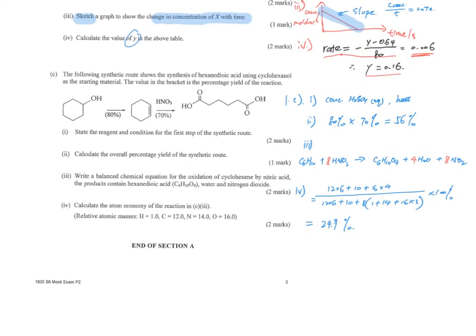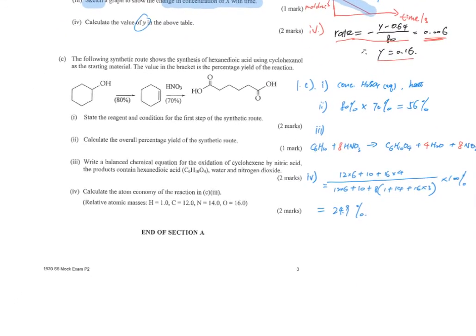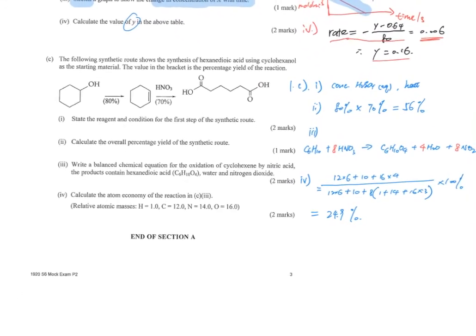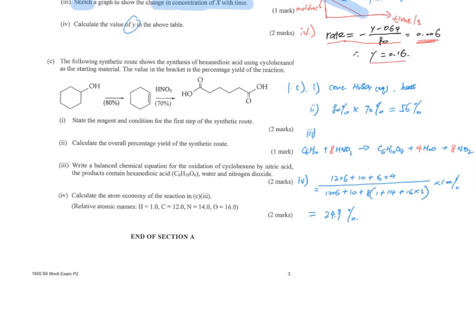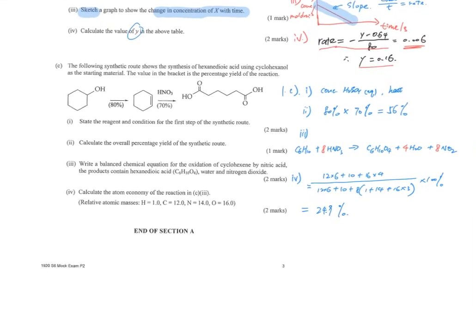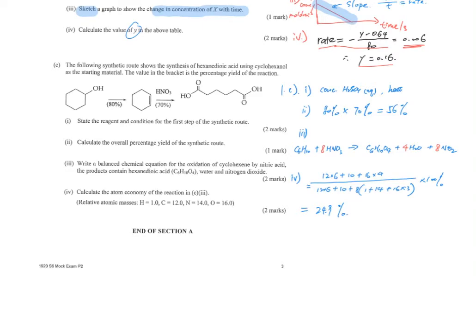And for part C, it's related to green chemistry. Okay, let's see. This is a synthetic route for hexanedioic acid using cyclohexanol as starting material. It's very unfamiliar, but the equation is given to you. First, state the reagent and condition for the first step.